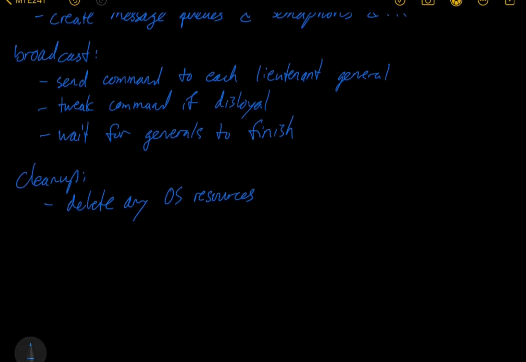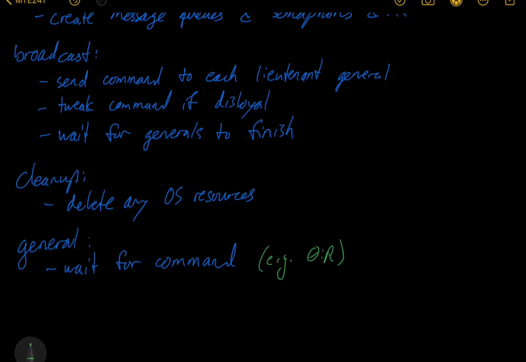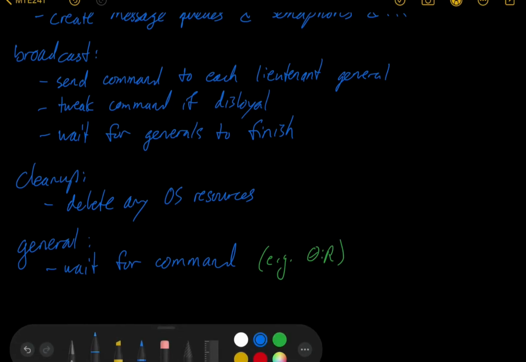Okay, and so finally the general function. And so the general function, what it's going to do is it's going to wait for the command, for example 0:R. So probably you're going to have it wait on a message queue. That's the simplest way to do it.